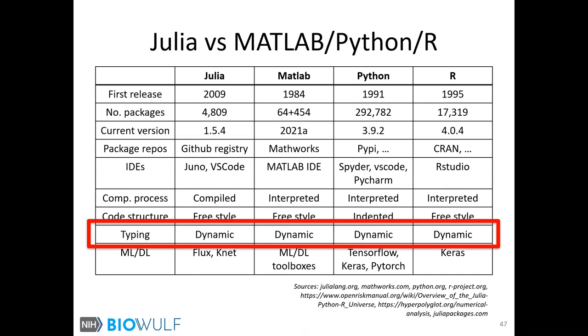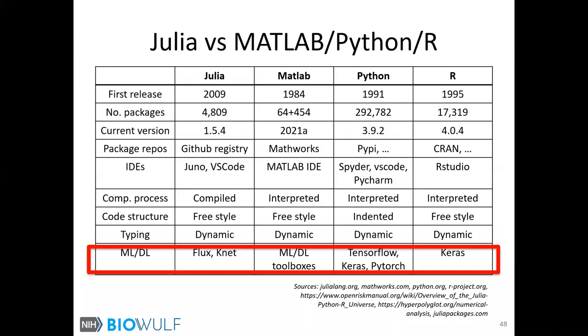As for typing, Julia is dynamically typed, just like the other three shown on the screen: Matlab, Python, and R. This just means, in simple terms, you don't have to declare the type of variables before you use them. And if you are planning on using machine learning or deep learning in Julia, know that there are well-developed packages to do that.